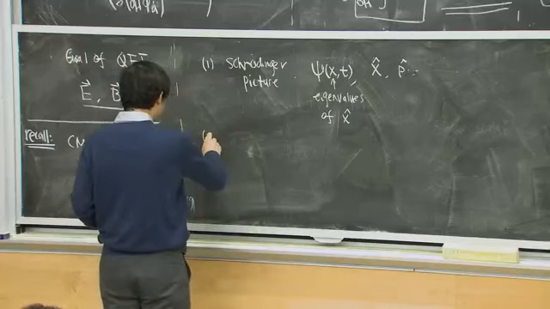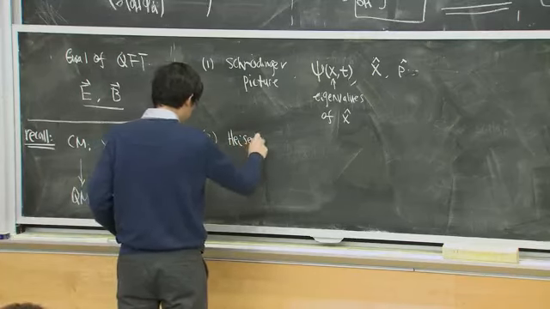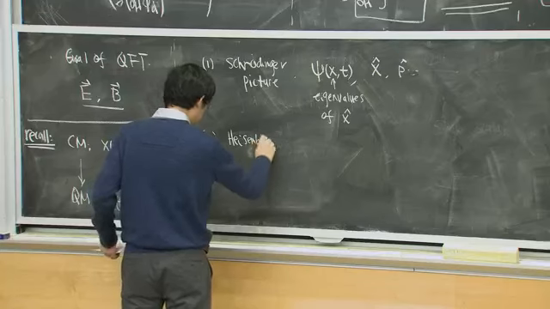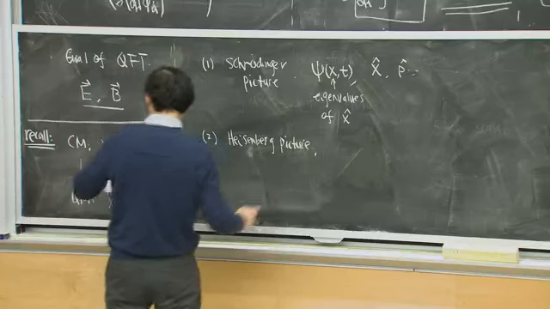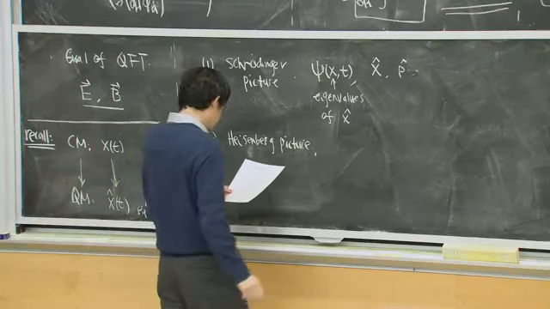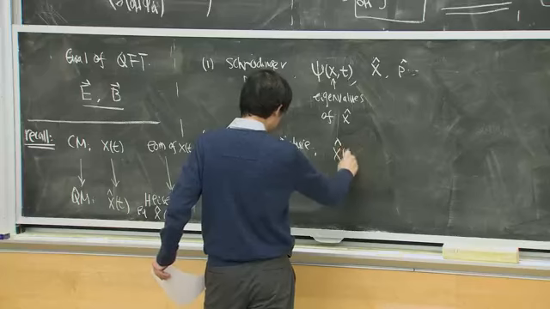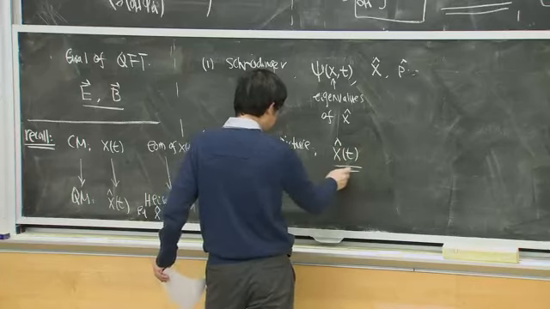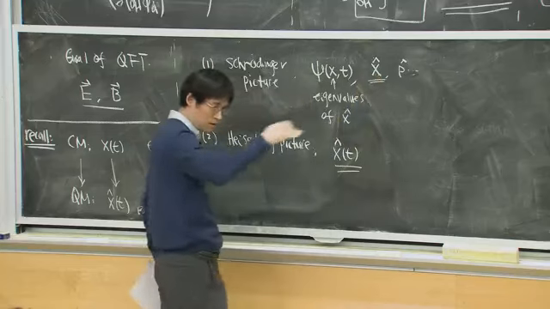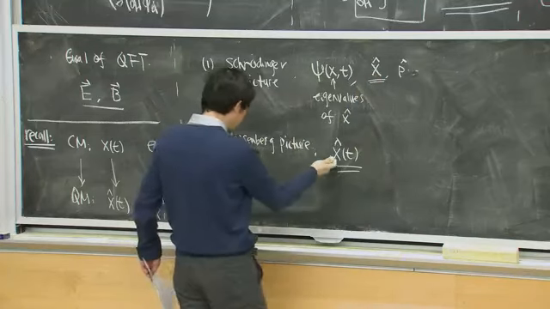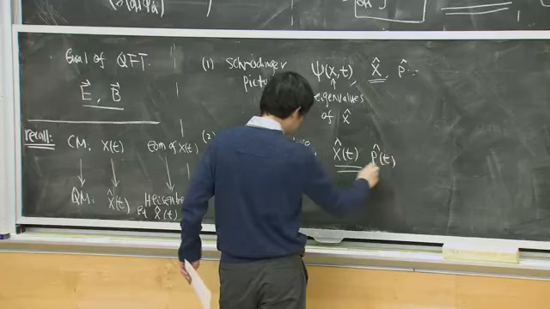But the second way to approach it is the Heisenberg picture. In this case, the dynamical quantity is your operator, and the operator depends on time. In the Schrodinger picture, your x is just a constant operator that does not depend on time, but in the Heisenberg picture, your operator becomes time dependent.